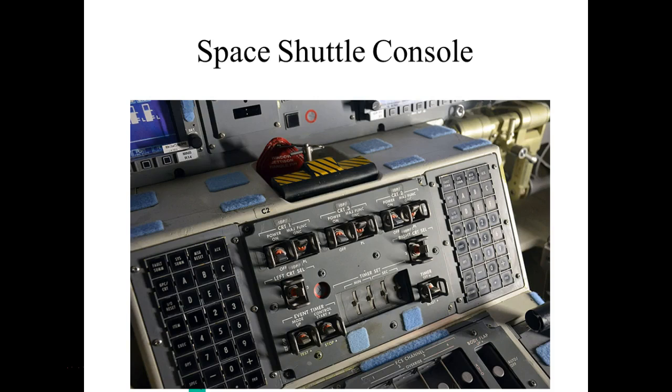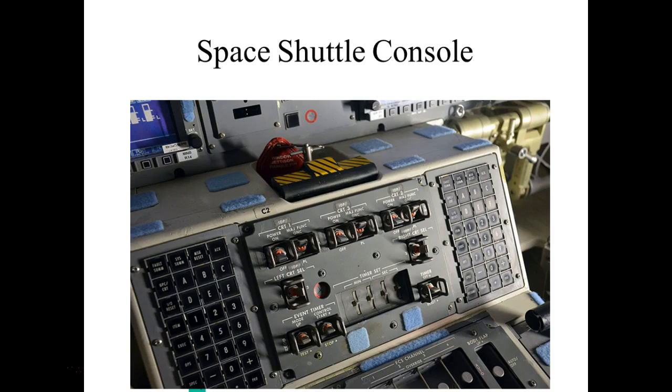So instead of having a big keyboard like this when they program that computer, can y'all see the keyboards on the shuttle? 0, 1, 2, 3, 4, 5, 6, 7, 8, 9, A, B, C, D, E, F. So when they had to reprogram the computer up there on the shuttle, they did it in hex.